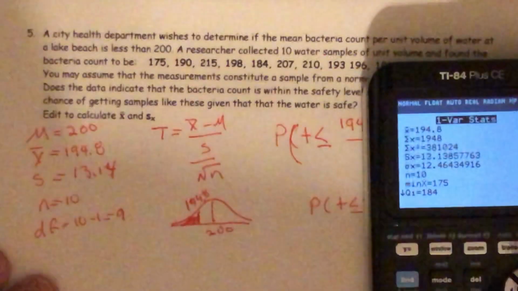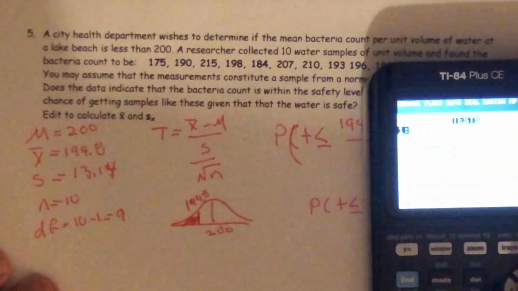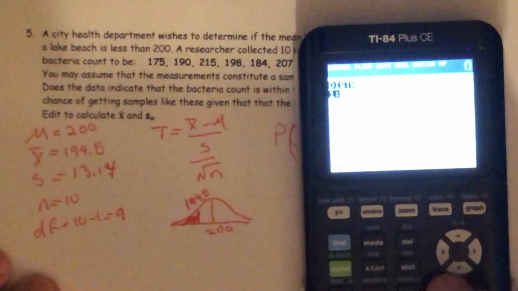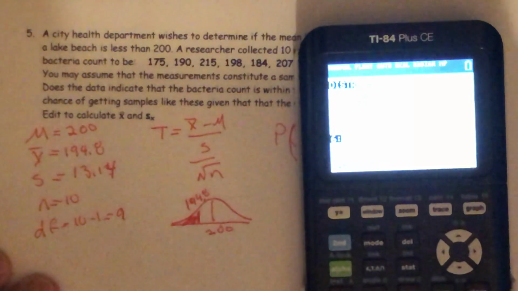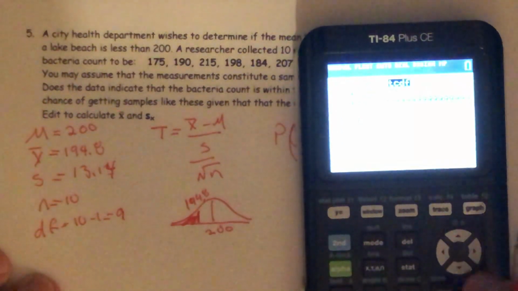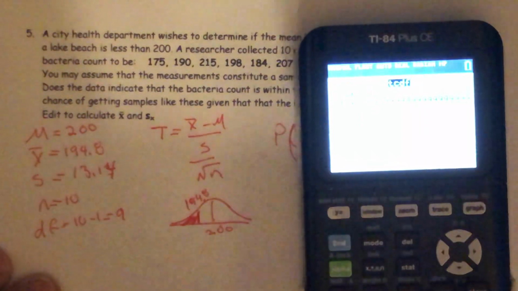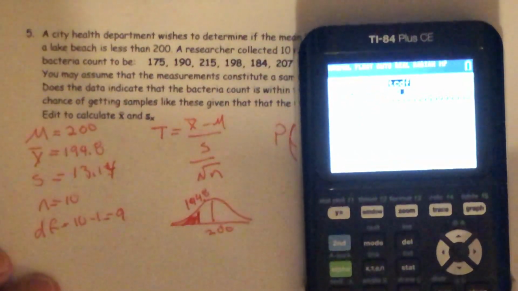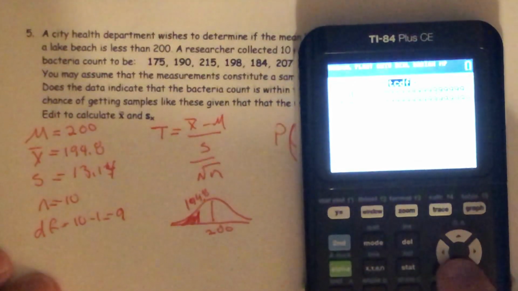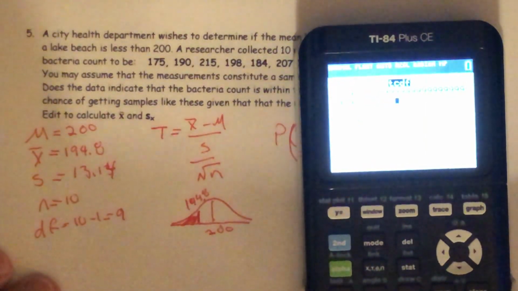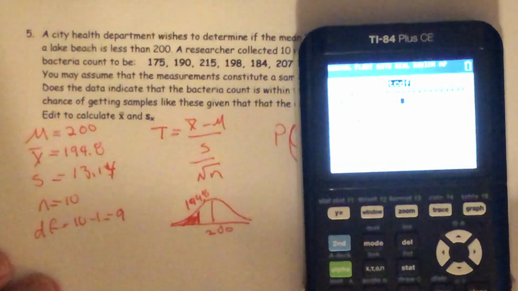So going to the calculator, stat, we're going to go second vars, and once again we need to be able to do this both ways, and I'm going to do this both ways. Second vars, tcdf, our lower bound this time is negative infinity. Our upper bound is negative 1.252.